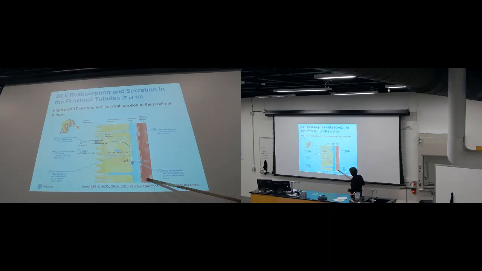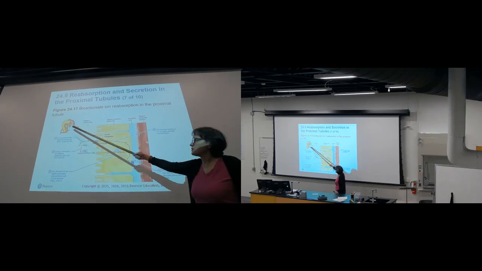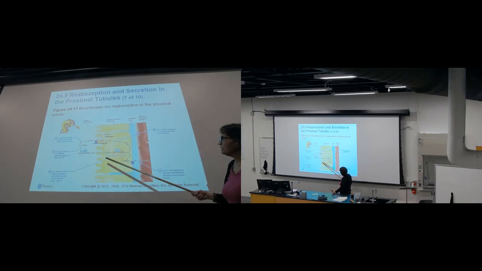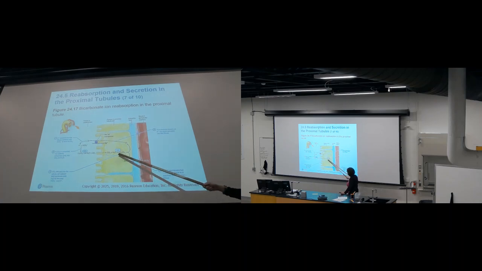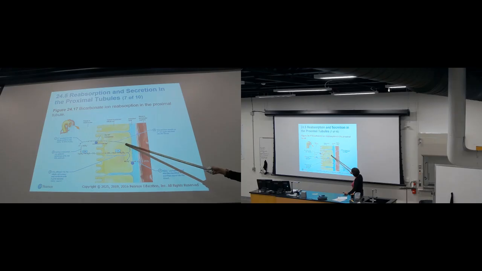So here you have your peritubular capillaries, the interstitial fluid, your simple cuboidal cells of the epithelium of this tubule, the PCT, and you will have this carbon dioxide being reabsorbed from the filtrate, combined with water to form carbonic acid, and then this carbonic acid is going to be broken down by this carbonic anhydrase into hydrogen and then into bicarbonate.